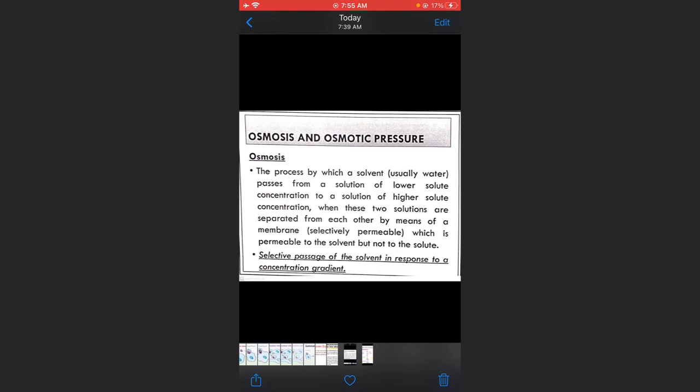Why are we going to study osmosis and osmotic pressure across the membrane? Here we take the example of a container, while it takes place in the human body across the cell membrane. We are studying the cell membrane, that's why we have to study osmotic pressure. These are the normal processes.